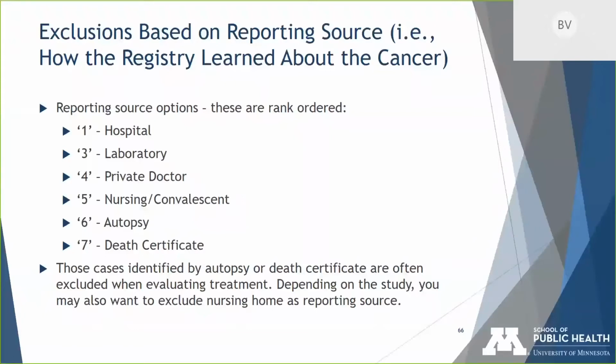So depending on your particular study question, you may also want to exclude nursing home as a reporting source. So again, this comes back to the concept that I'm probably going to repeat a lot during this segment, is that you have to think through your study question and what exclusions make sense for that research question so that you have the most relevant patient population for your study.